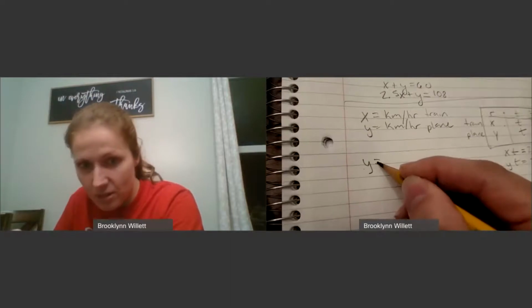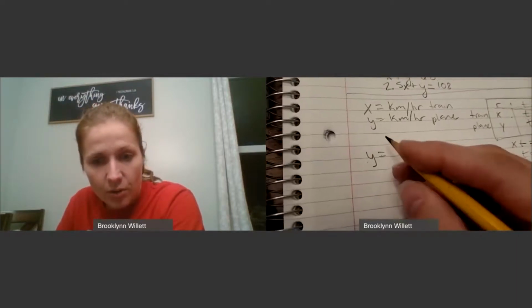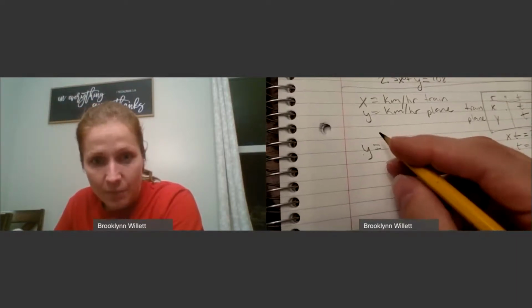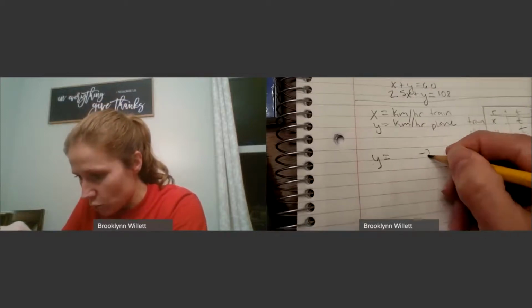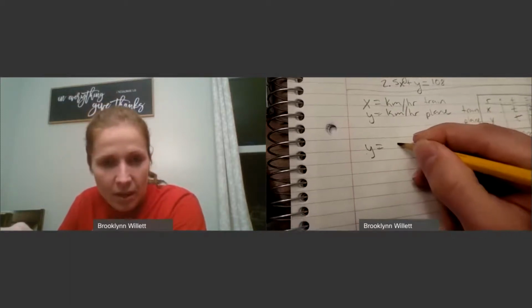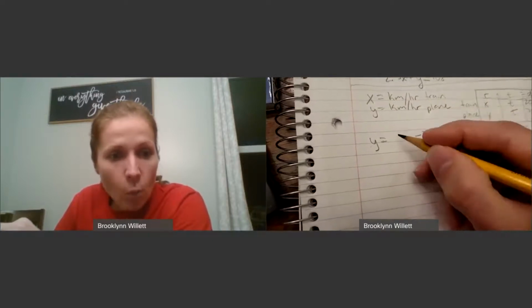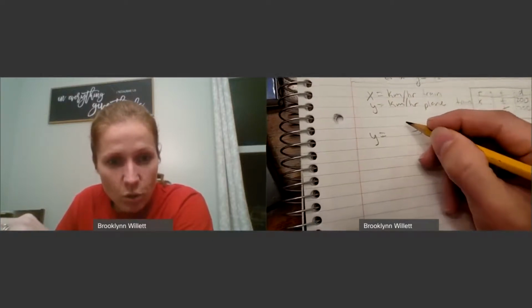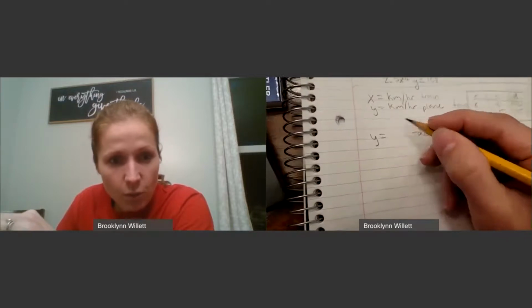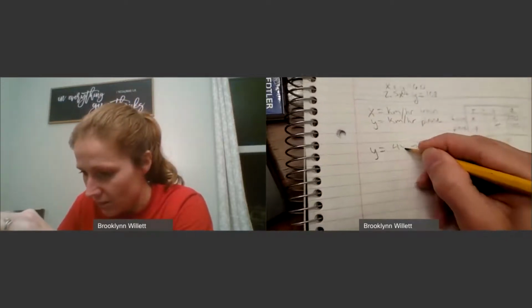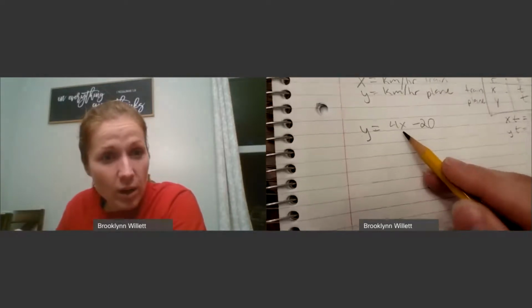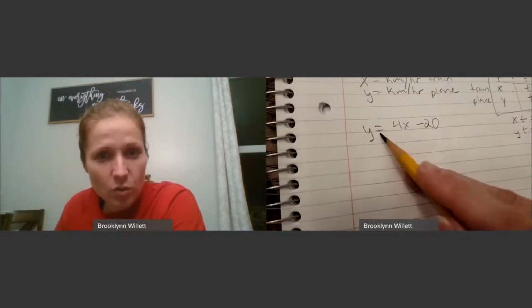Y equals, so Y is 20 kilometers per hour less than. So that means I'm subtracting 20 from something, and it says I'm taking 20 less than 4 times the speed of the train. So the speed of the train is X, so 4 times that is 4X. So there is one of our equations we want, because we have one equation with 2 variables in it.